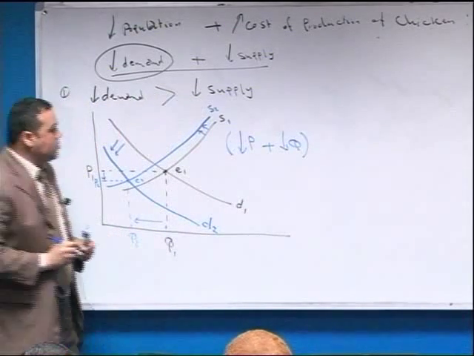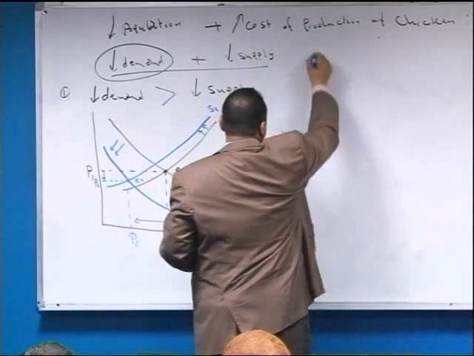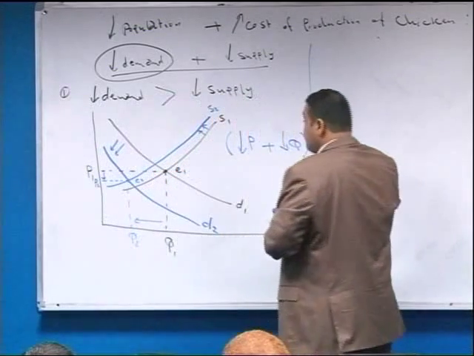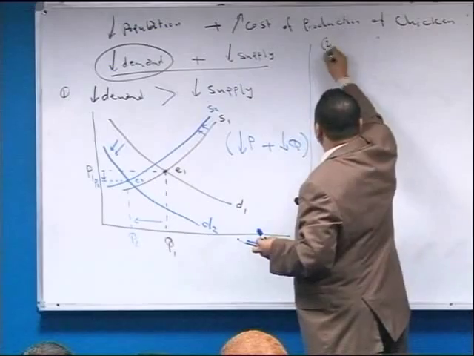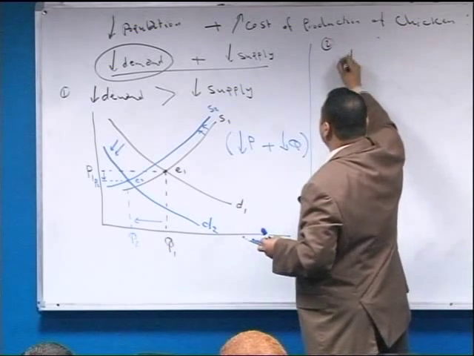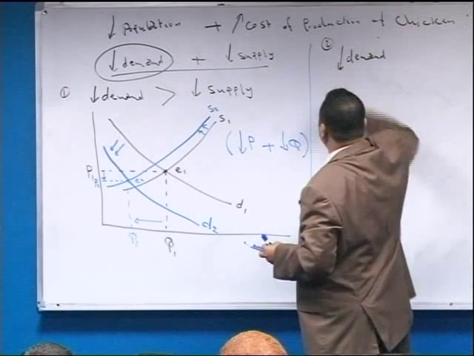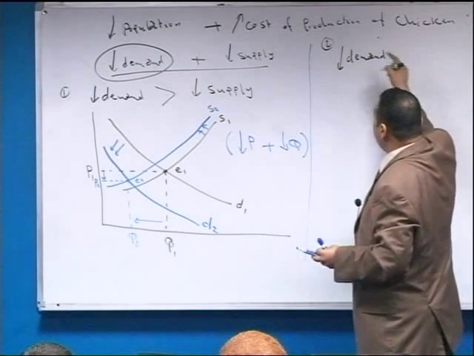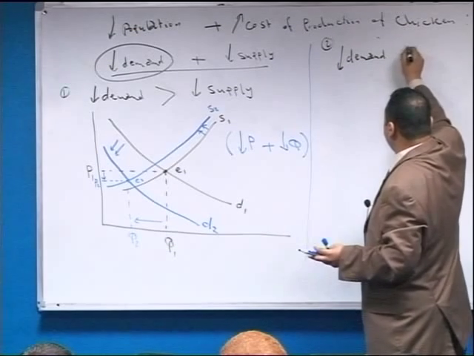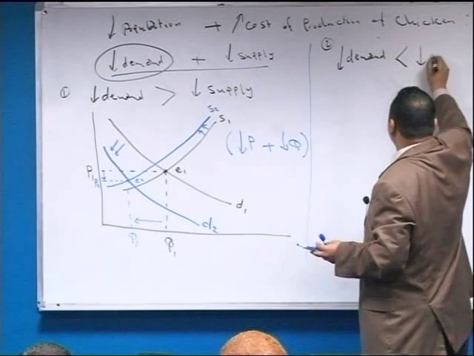The case number 2, or the second case, when demand decline or the declining in demand or decreasing in demand is smaller than the decreasing in supply.